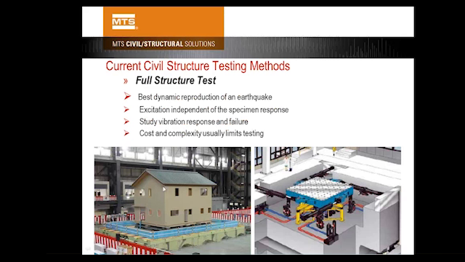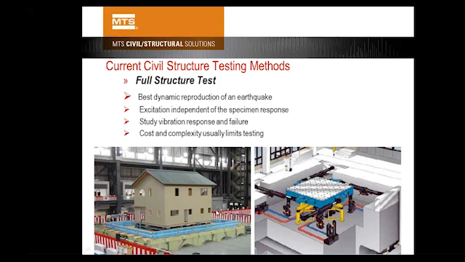You can build a shaker table like this, put your specimen on top of the shaker table, and then simulate ground motion. If you have an iterative approach, the ground motion can be simulated really accurately. It's a dynamic testing, so accuracy is the advantage of this kind of testing.